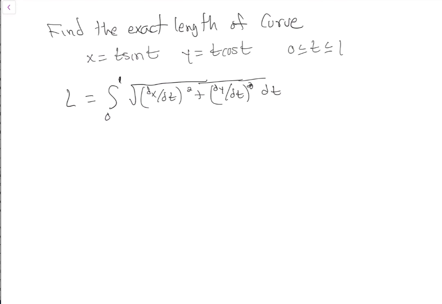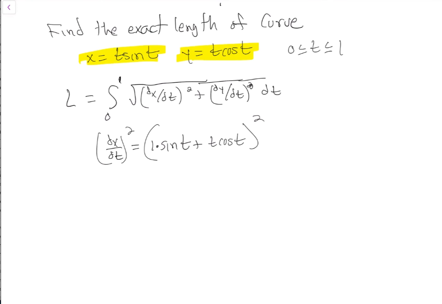Let's just do a little bit of the derivative work outside the integral. So if I'm looking at my x equation, dx dt, I'm going to do a product rule: derivative of the first times the second plus first times derivative of the second. And I'm going to have to square that result. So let's go ahead and square that result.